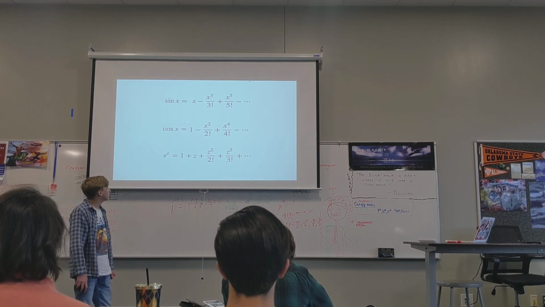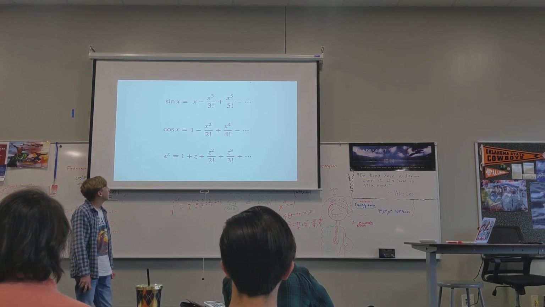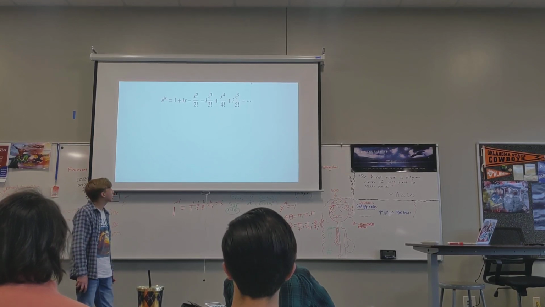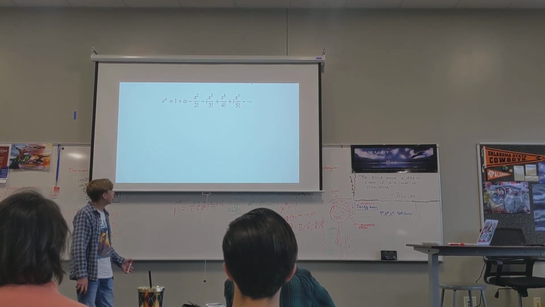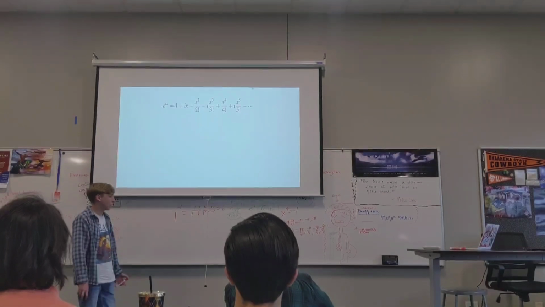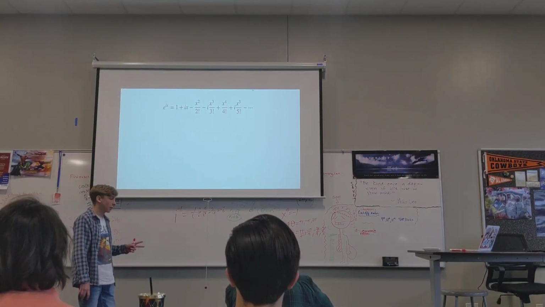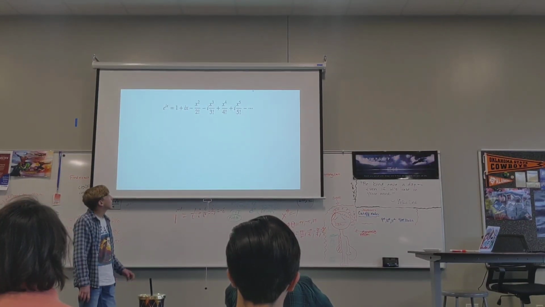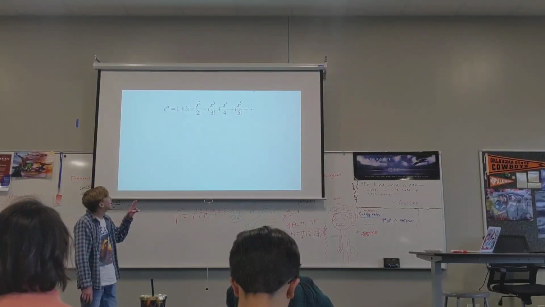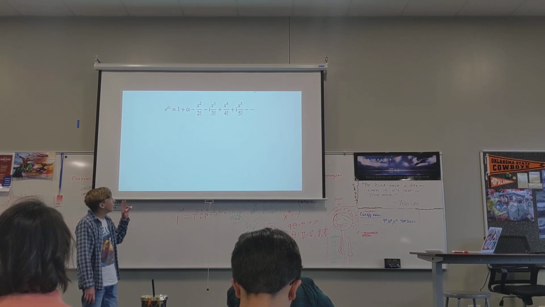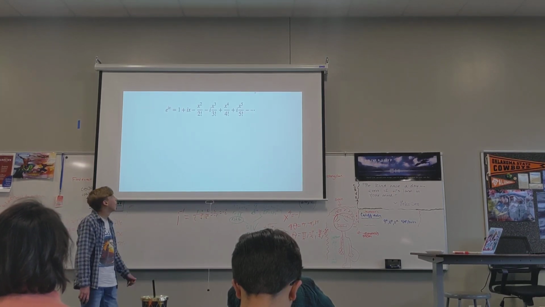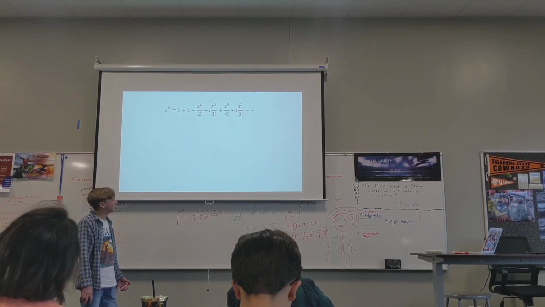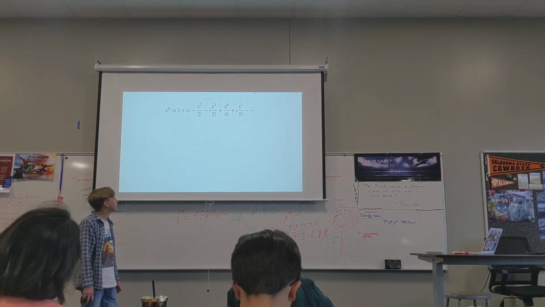And so if instead of x, you had i times x, then everywhere that there's an x would be replaced with ix. And so ix squared would be i squared x squared, which is negative x squared. And so that means every even integer would give us a real number, and every odd one would give us an imaginary number, a complex number.